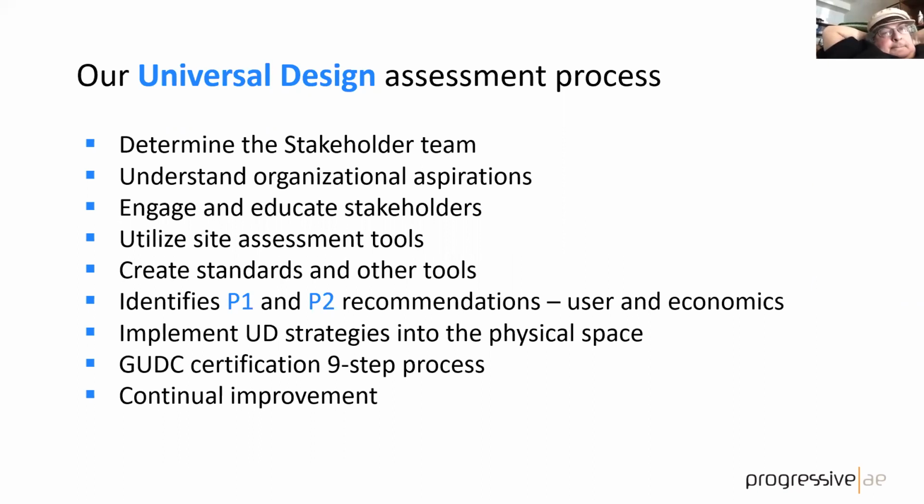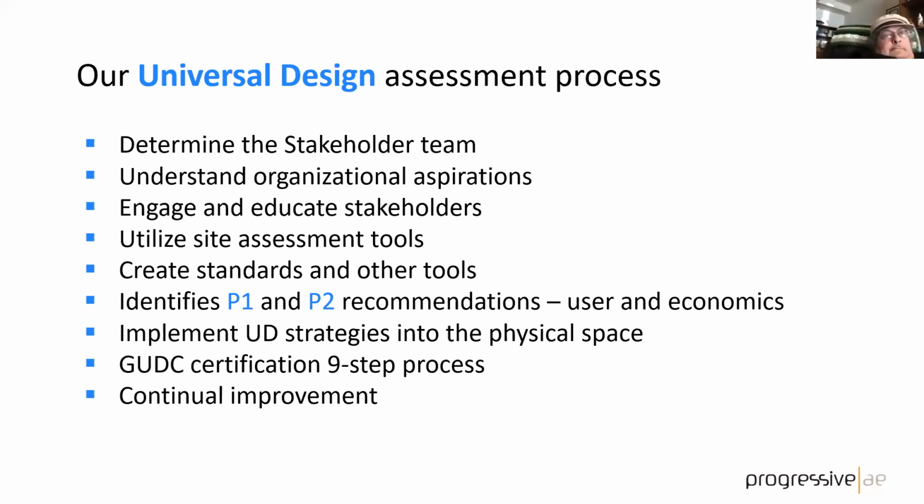And then we have site assessment tools, and we create standards, and we make recommendations, and those recommendations are P1s or P2s, and they're really tied to economics and what the user can expect. So for instance, a P1 priority would be something that's low or no cost, but high impact to the users of that space. And P2 would be, hey, it's going to be more costly, and it probably doesn't have as much impact. So let's only consider this if it's an absolute, but we're not recommending those P2s.